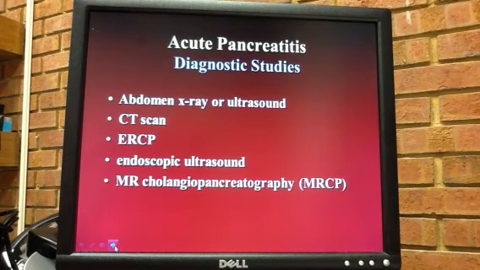A CAT scan, that's going to be a better tool for diagnosing pancreatitis. It will show the inflammation. It's best done with both oral and IV contrast. They can do an endoscopic ultrasound also, and then the magnetic resonance cholangiopancreatography.